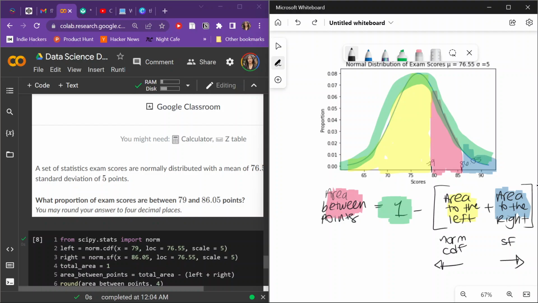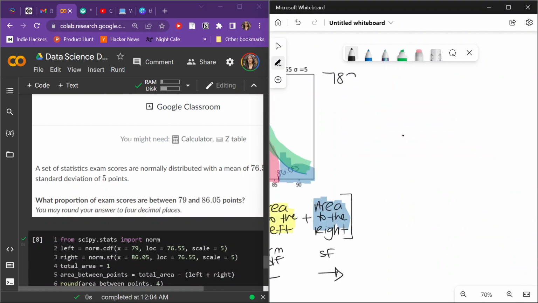Now, let me see. Oops. So this is with Python, and now I'll do it with the TI-83. So for the TI-83, in the calculator, you go to second vars, and you select 2.